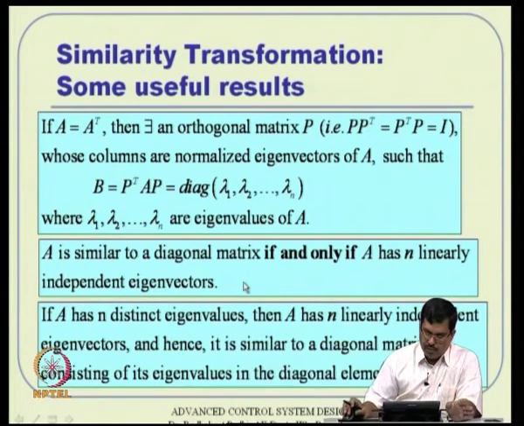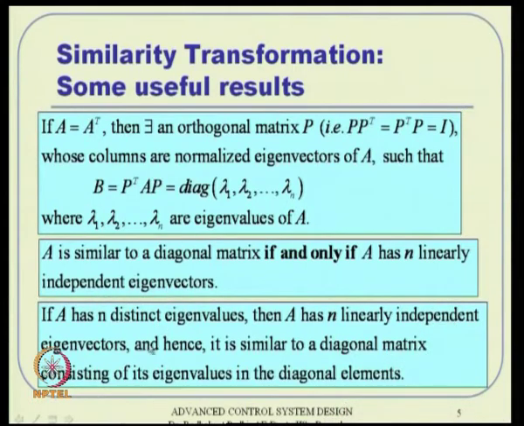The third property: if A has n distinct eigenvalues, obviously that is what I just told, the non-repeated distinct eigenvalues, then the A matrix is guaranteed to have n linearly independent eigenvectors, and hence by this property too, it is similar to a diagonal matrix. Okay. And on the diagonal it will contain eigenvalues.